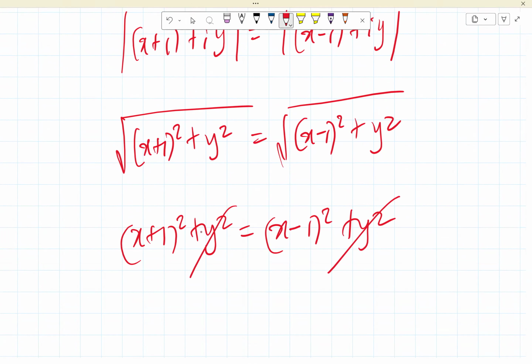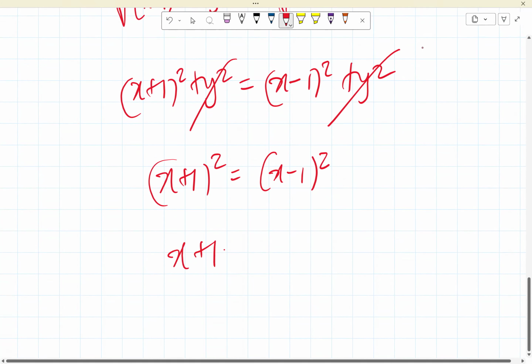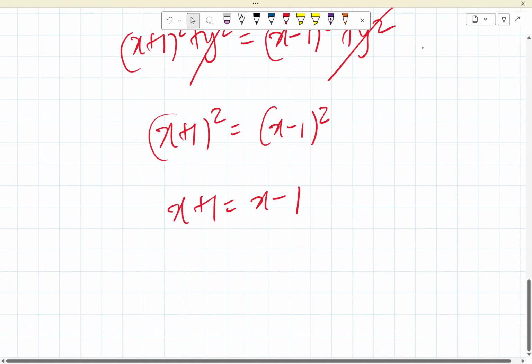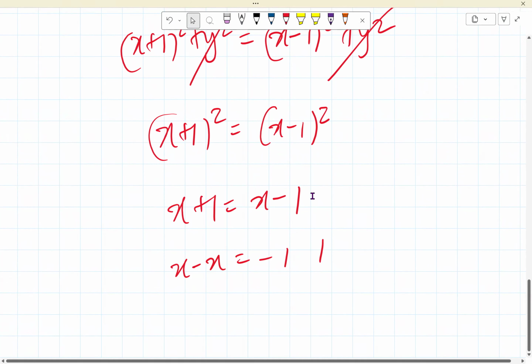So y squared cancels y squared clearly. So we have x plus 1 squared equals x minus 1 squared. If you take the square root of both sides, it means that x plus 1 is equal to x minus 1. Yeah, this doesn't make so much sense. So we have x minus x equals minus 1 minus 1.